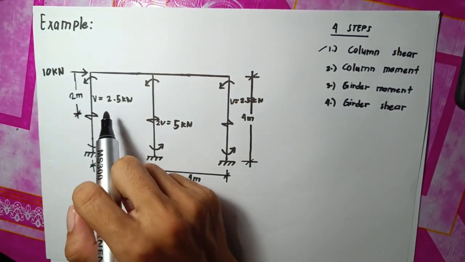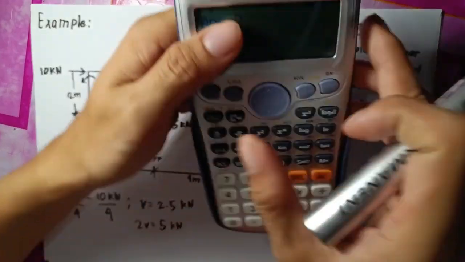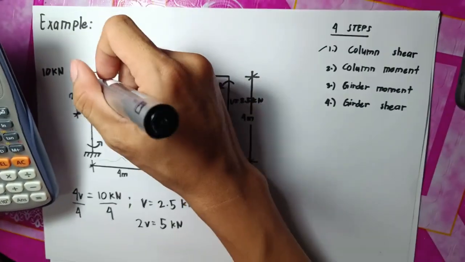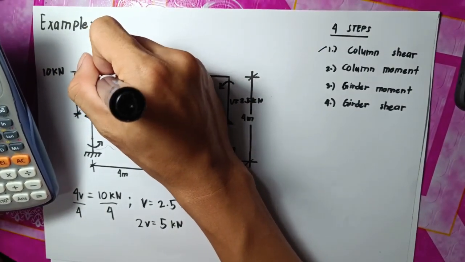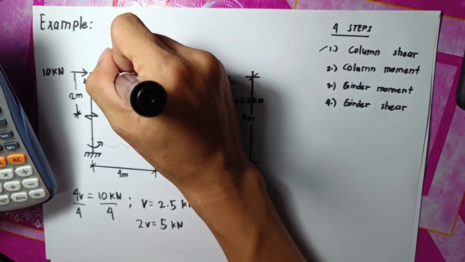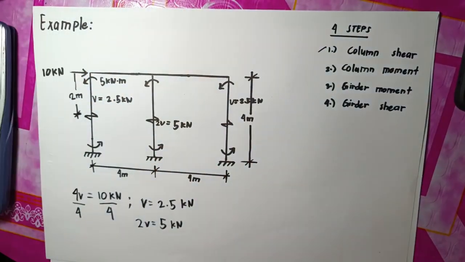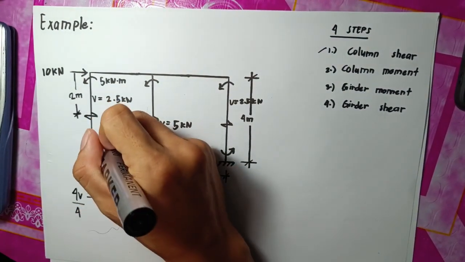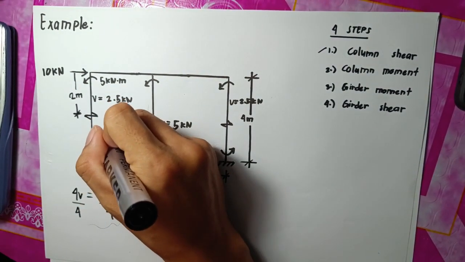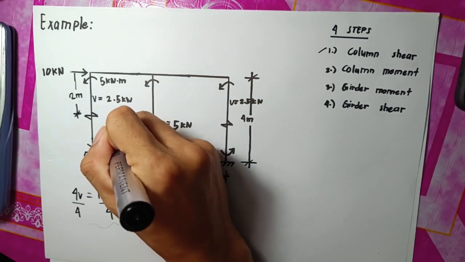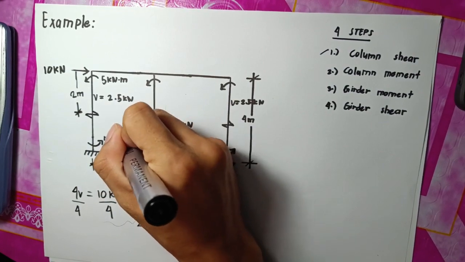So 2 times 2.5 is 5 kN per meter. So same goes here. The lower column also 5.